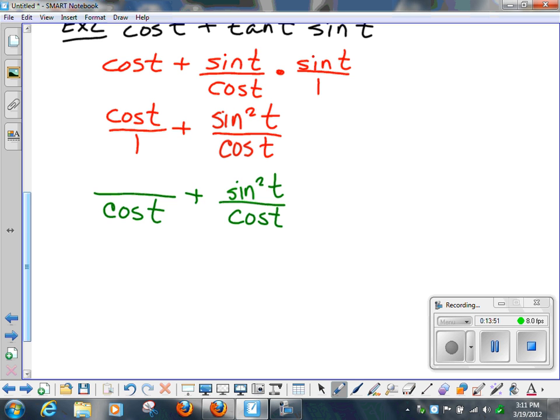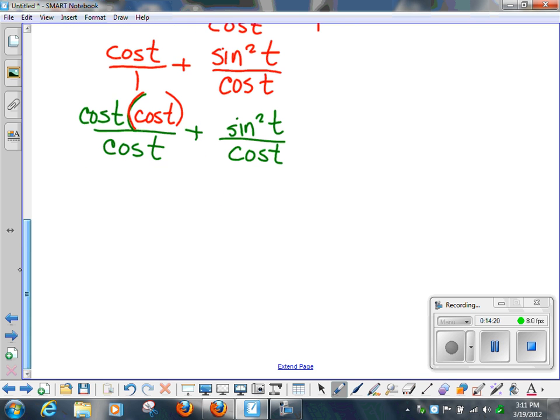If I multiplied the bottom 1 by cosine in the first fraction, I have to multiply the top by cosine too. So I'm going to have the cosine times the original cosine that was already there. I'll put it in red because it's the original. I know I'm showing every step, and some of y'all will not do this. What's cosine times cosine? Cosine squared over cosine plus sine squared over cosine.